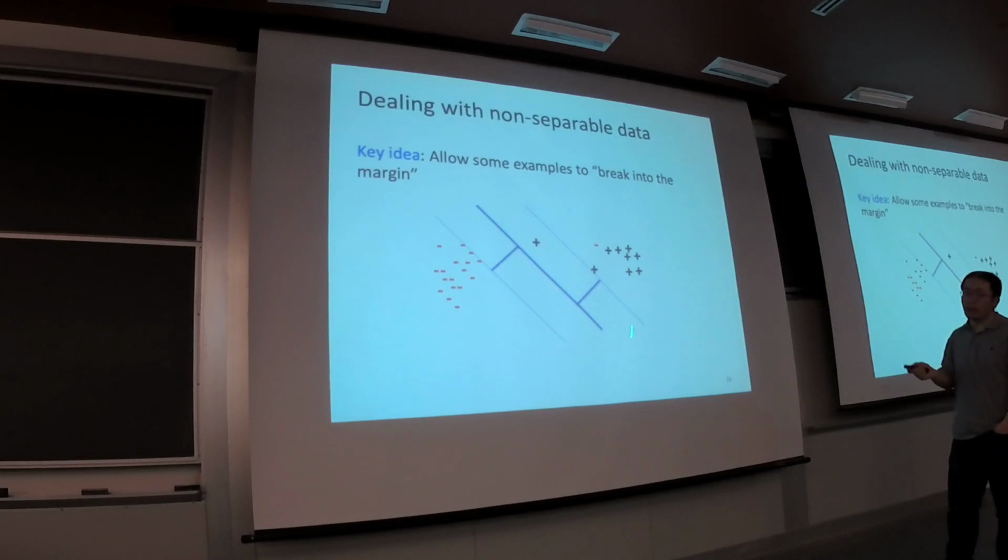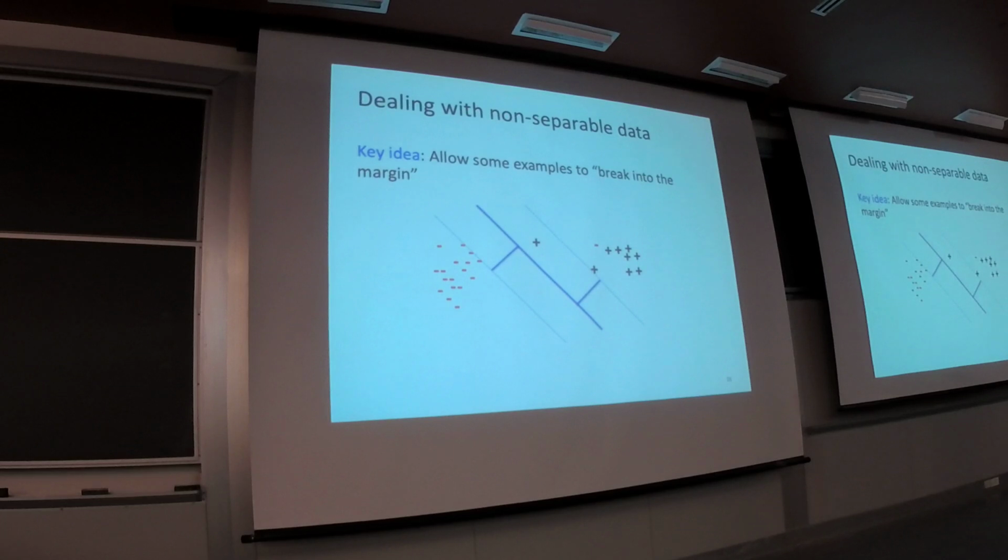It looks like the data is mostly linearly separable, except for these 2 points. Because of these 2 points, the outliers, we cannot find any hyperplane to well separate all the examples.